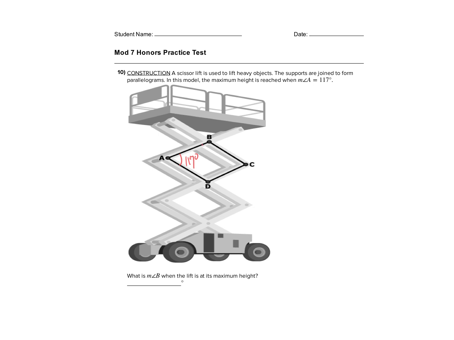All right, so again, parallelogram. So consecutive angles are supplementary. So it's just going to be 180 minus 117. Which, at this late hour, I do not trust my mental math. 63 degrees would be our answer. Pretty simple.